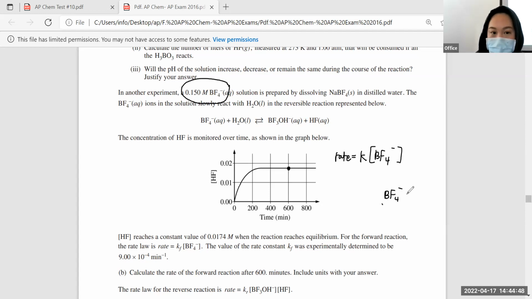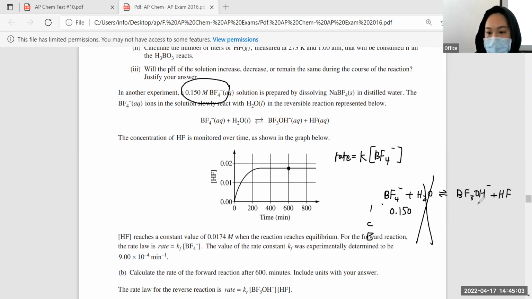I'm really just doing an ICE table. I guess I'll write it out instead of being lazy. Right? ICE: initial is 0.150, nothing for the products, and then here plus x, but I know that it's 0.0174. So I know x is 0.0174. So my concentration of BF4 minus at equilibrium is 0.150 minus 0.0174.